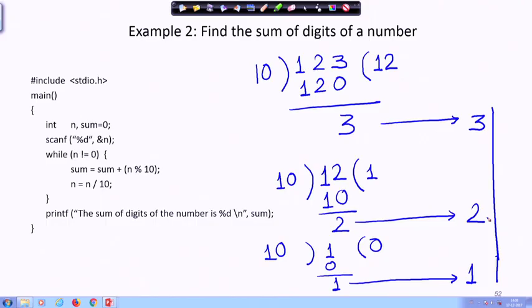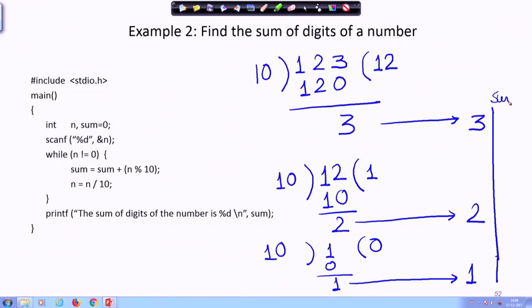So, let us keep it on the side and see what we have done in this program. I have got a number n. Now, this number that has been given initially, 123, I do not need to preserve. So, I can play with that, and I have to make a sum of this, right, 1, 2 and 3.